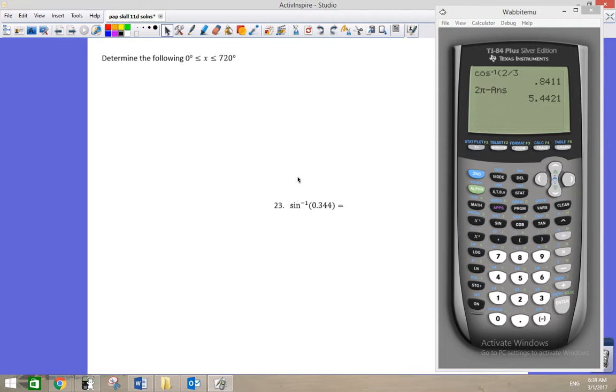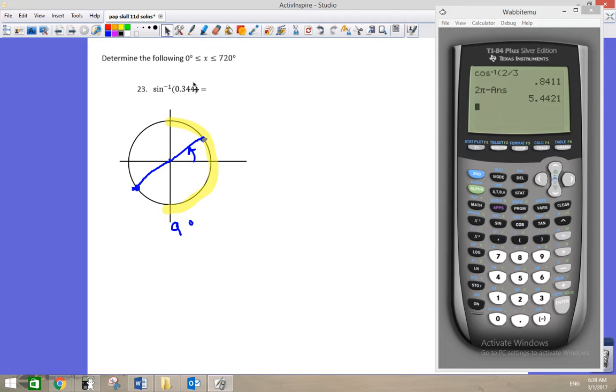All right, so let's steal our unit circle. The inverse sine is going to return values using the right half of the unit circle. Sine, I associate it with the y-coordinate. This is positive.